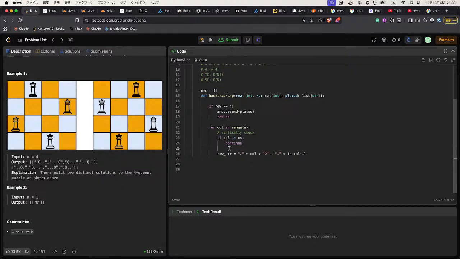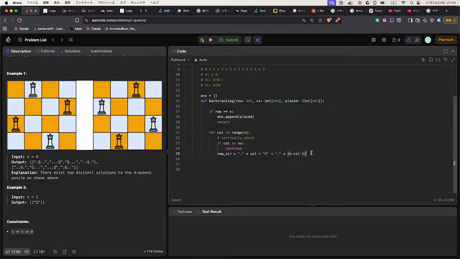Yep. Here is the new row string. So we append the row string to the placed. Oh, no. We have to check diagonally.